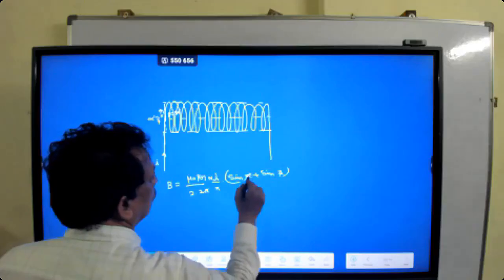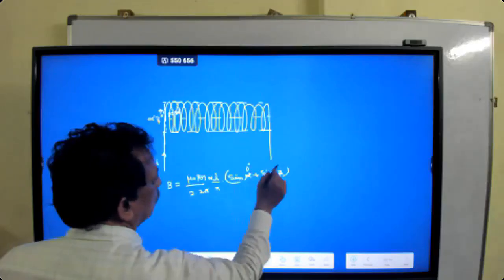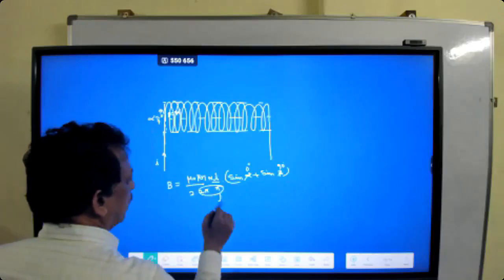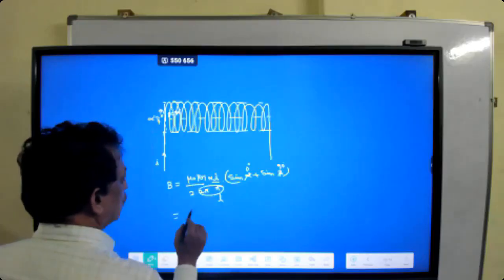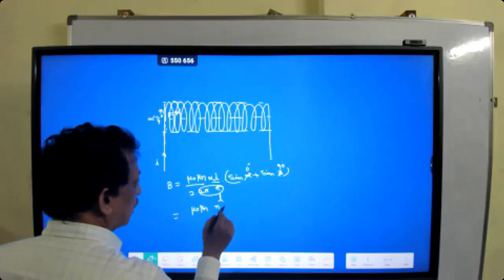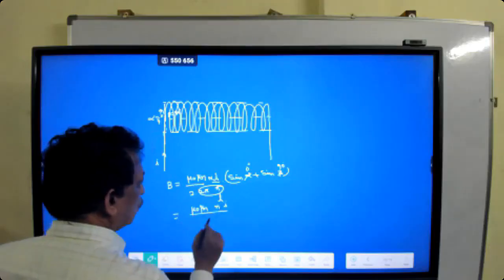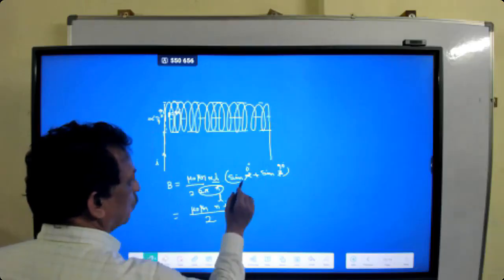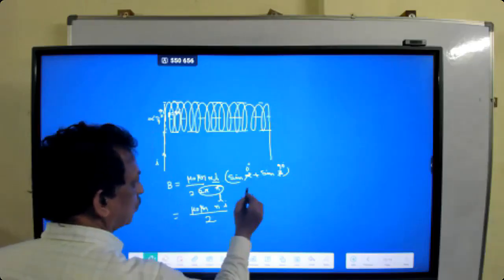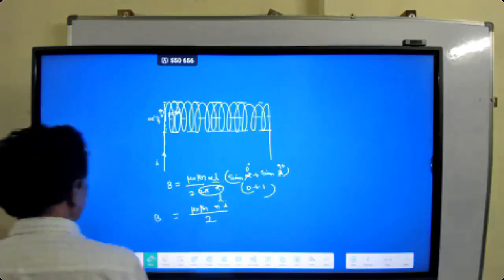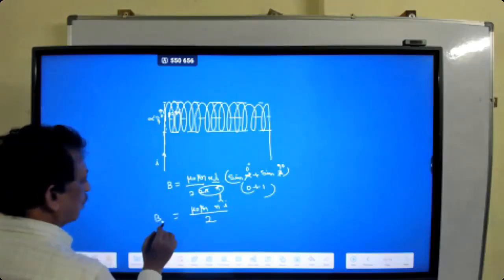Here alpha is 0 and beta is 90. The 2 pi r is the length of the field L, so that is equal to mu naught mu r n I by 2, since 0 plus 1 is 1 only. This is the field at one end.